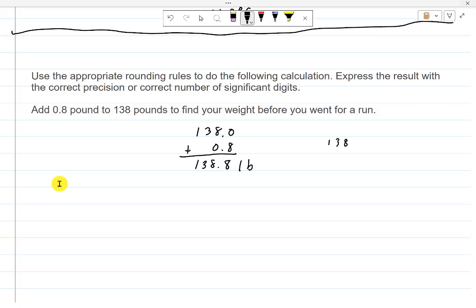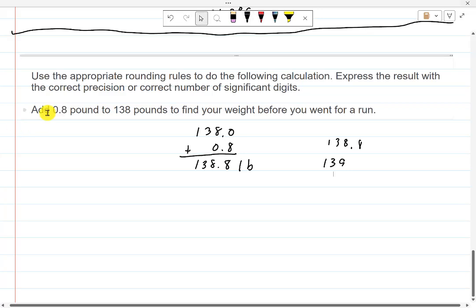I could do 138.8 or I could do 139. 139 is the correct answer here because this number 0.8 is rounded to the nearest tenth. That is of a higher level of precision than something that's rounded to the nearest whole number. So since my lowest level of precision is a whole number, I'm going to take my final answer and round it to a whole number.